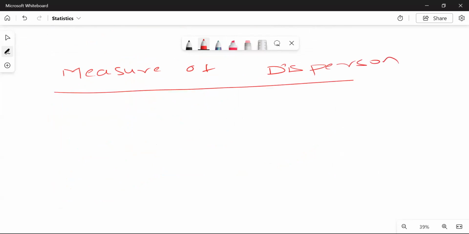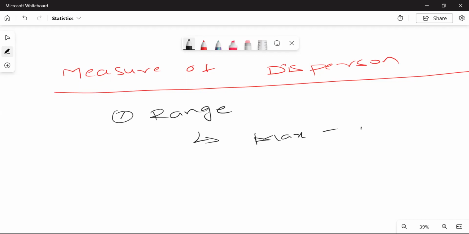The first parameter, or the first statistic under the measure of dispersion, is range. So what is the range? Range means the difference between the largest and the smallest value, the maximum element minus the minimum element from the data. That is what we call a range.